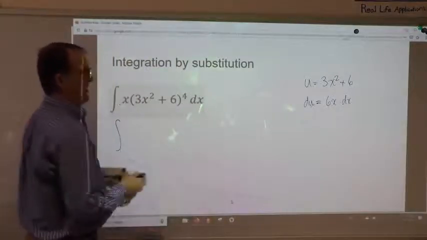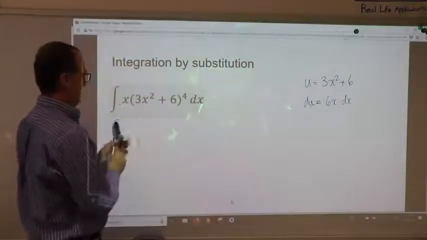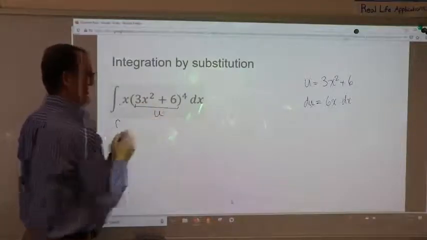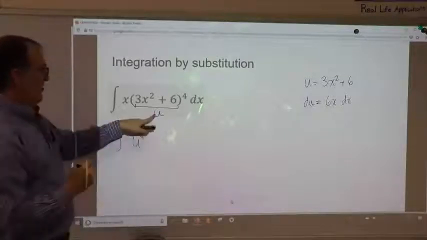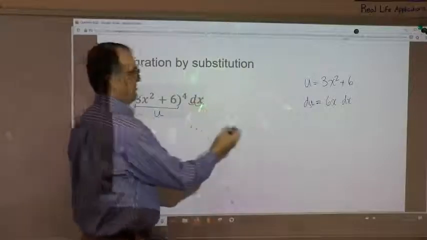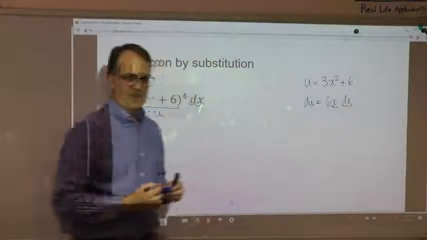So when I have these two pieces, I can see I can replace all of this with u. So I have u to the 4th power. X and dx, I can see are there.